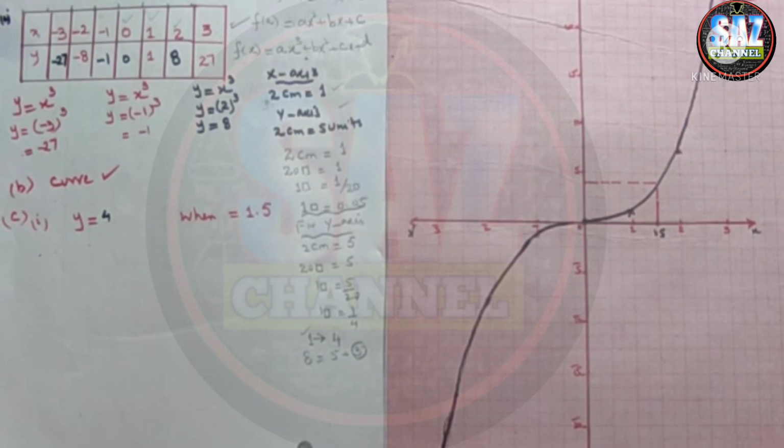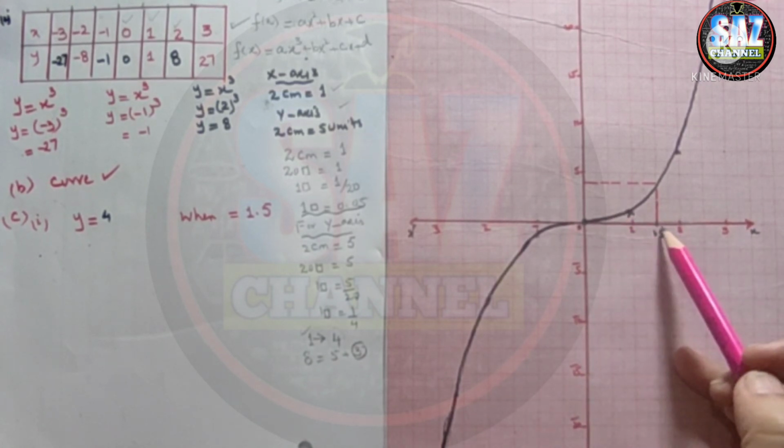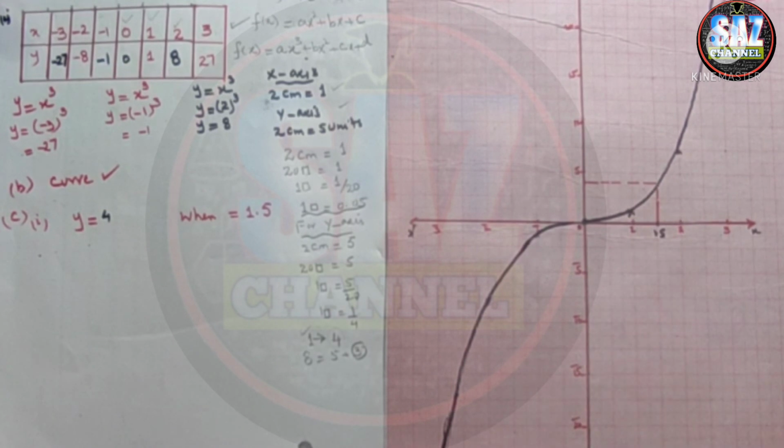Okay, 1.5 cube, 1.5, 1.5 and 1.5. This is 3.37. Okay, this is graph work, so it will be approximately 4.